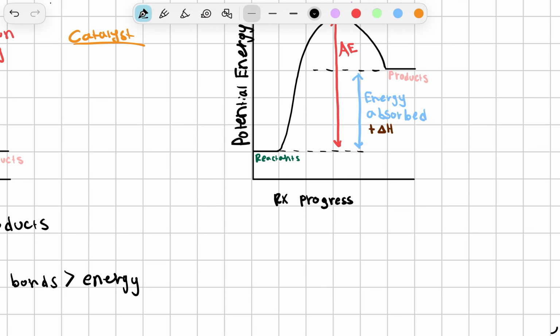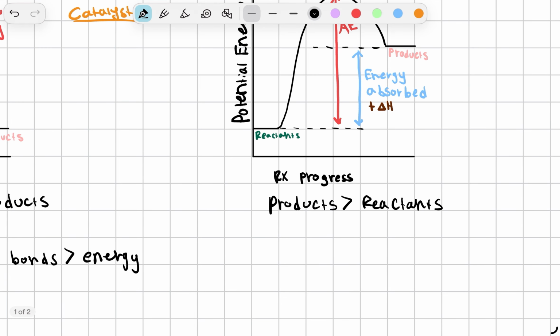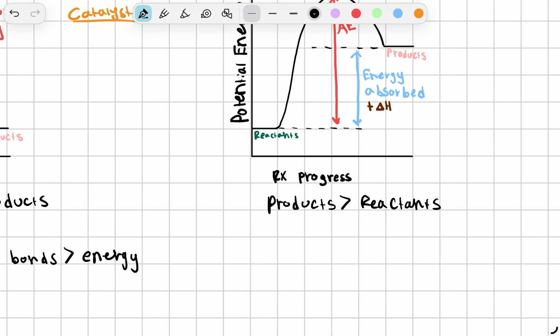So in an endothermic reaction, the energy of products is greater than the energy of the reactants. This means that energy is absorbed.